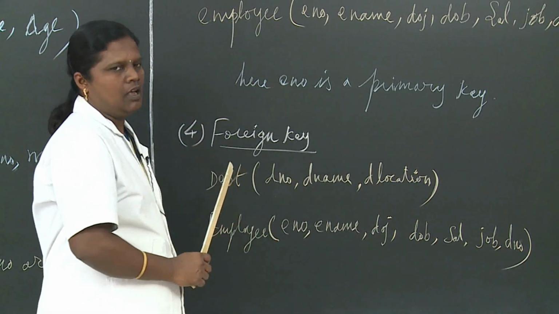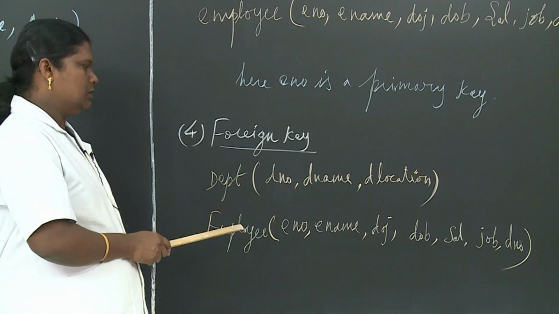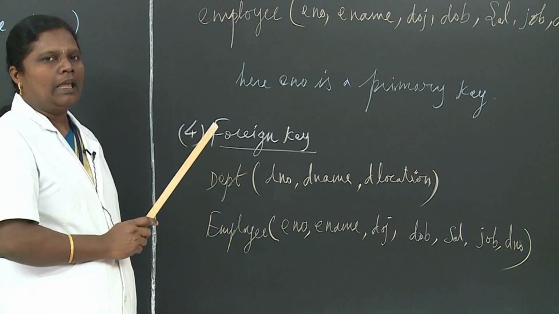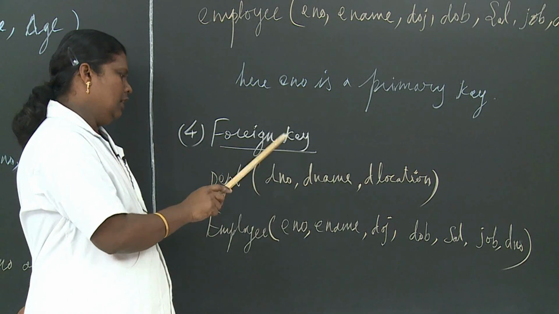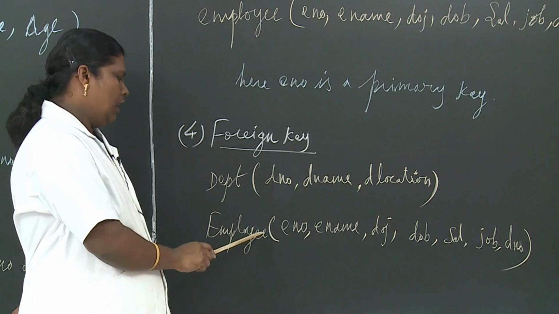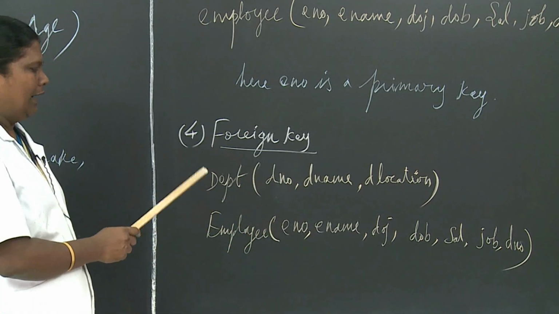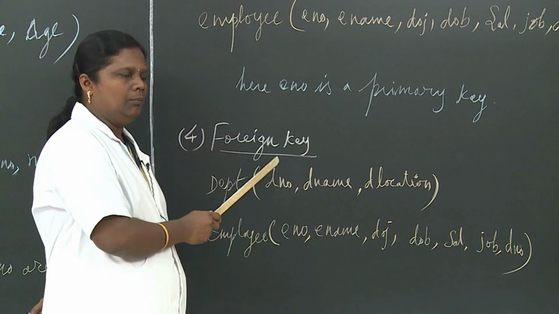In this case, if you want to display the employee details based on the department number, it is allowed only for department numbers available in the department relation. So employee details may be displayed or entered based on the department number available in the department relation.